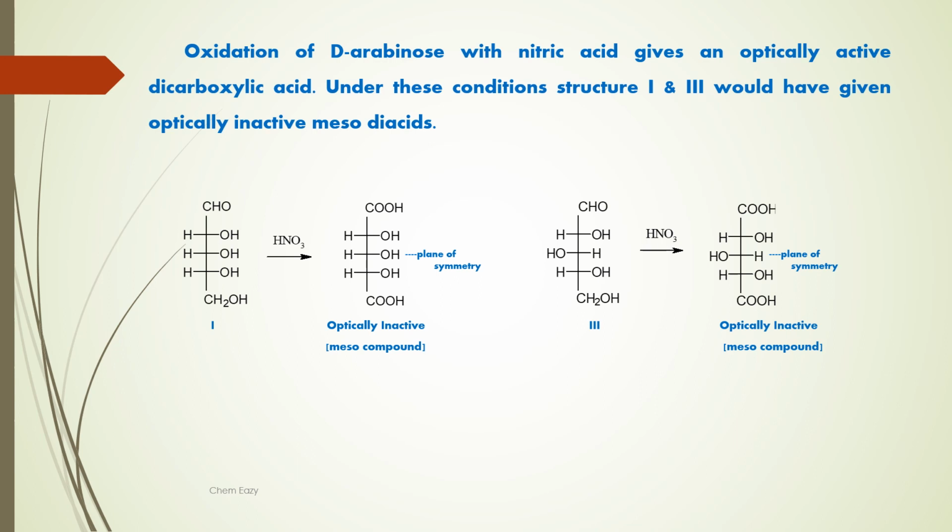These dicarboxylic acids are optically inactive, which cannot rotate the plane polarized light, because there is a plane of symmetry in this dicarboxylic acid, which makes it an optically inactive meso compound.